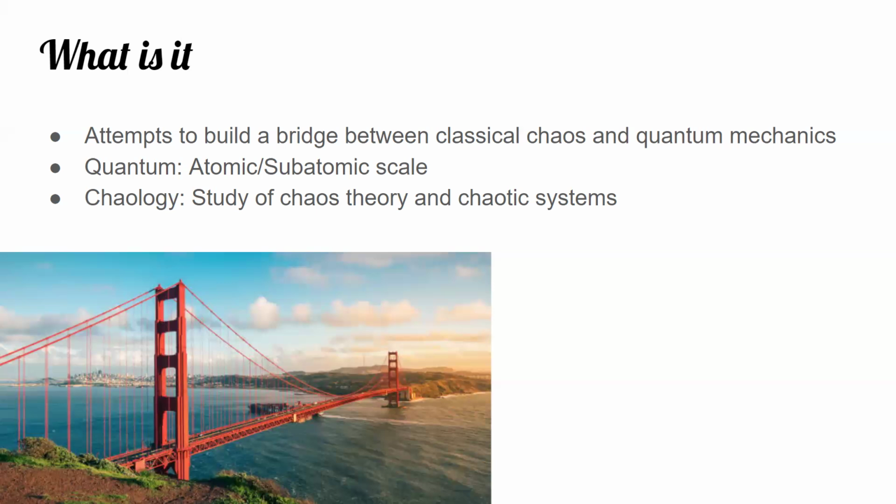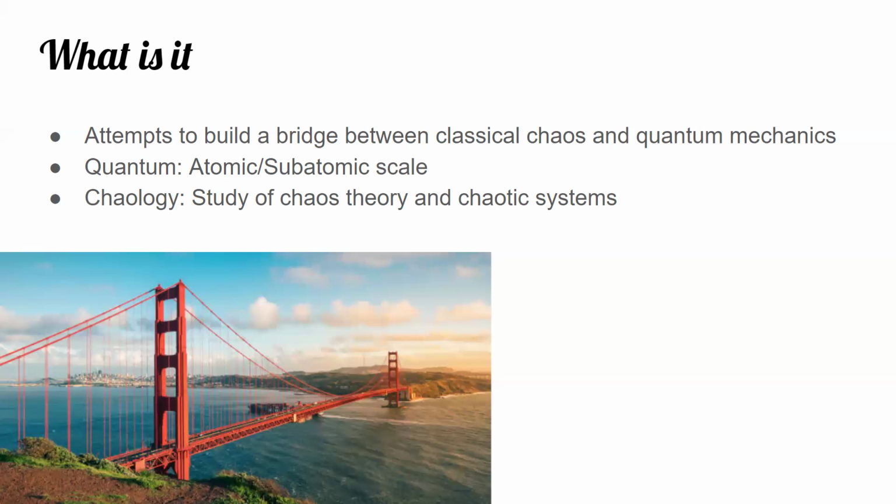In other words, you can derive the equations of motion and the laws of classical motion through quantum mechanics, if you just let the principal quantum number get larger and larger, which we'll talk about in more detail in the next slide. So the idea of quantum chaology is, let's look at some classical systems that have chaotic motion and see what things look like at the quantum level for those types of systems.